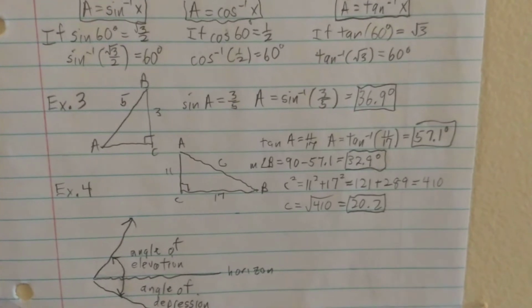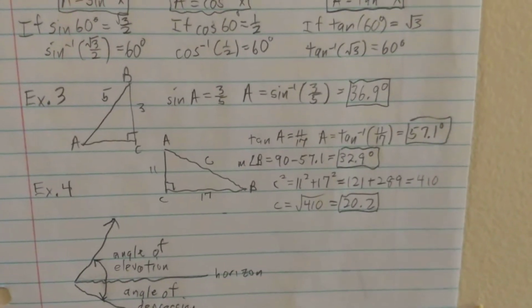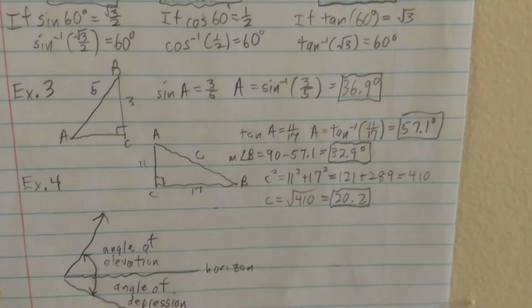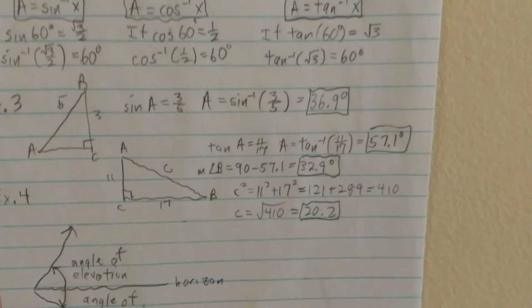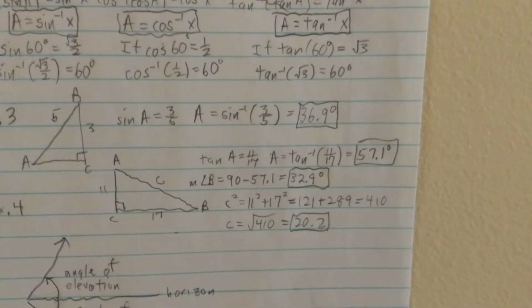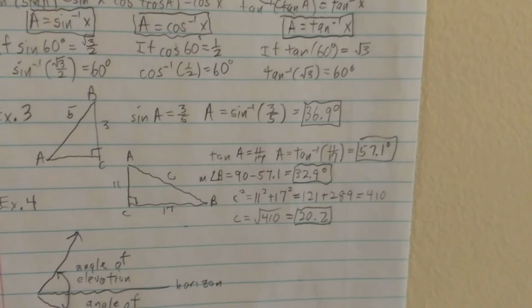So in example 3, we have a triangle with side 3 and hypotenuse 5, allowing us to get sine A as 3 over 5, or using our inverse sine, A equals inverse sine of 3 over 5, giving us approximately 36.9.